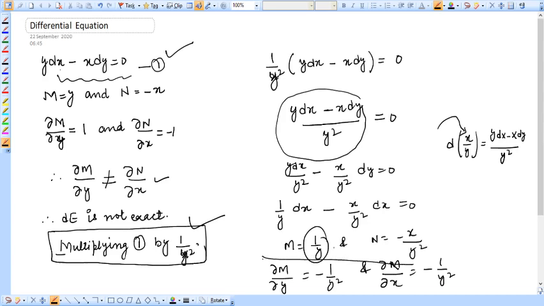So this factor or this function which is multiplied with this equation, after which this equation became exact, is known as the integrating factor.